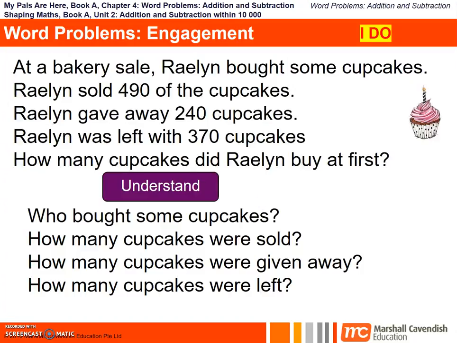How many cupcakes were left? That's right, 370 cupcakes were left. And finally, what are we finding out? This is a question asking us to find out. Did you say how many cupcakes she had at first? Well done. Alright, let's move on.